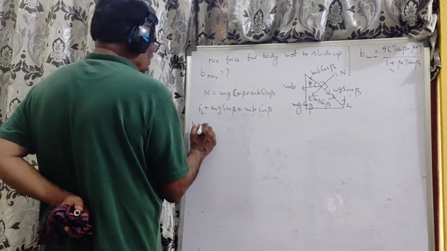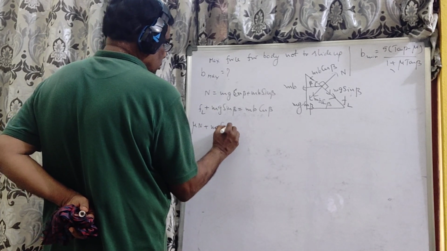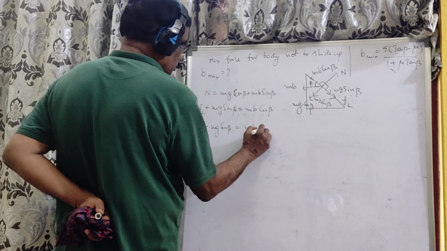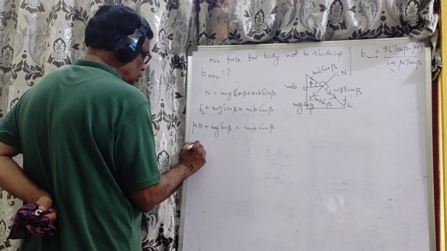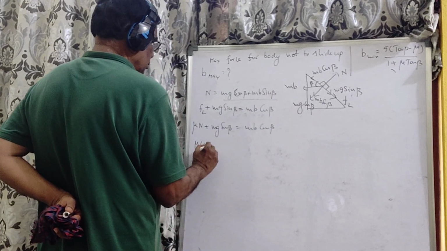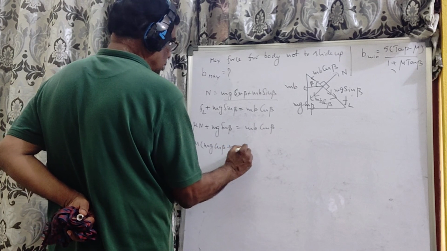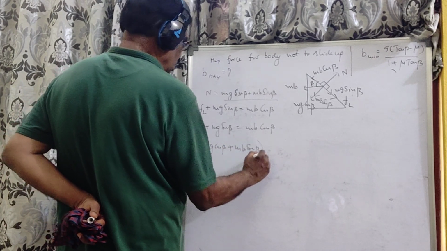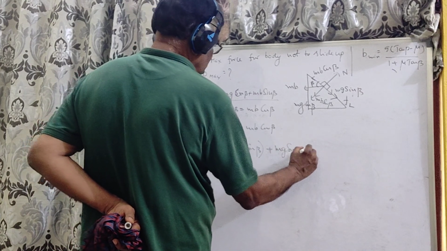Mu N plus, N, all this you substitute, N is mg cos beta plus mb sin beta, mg sin beta.